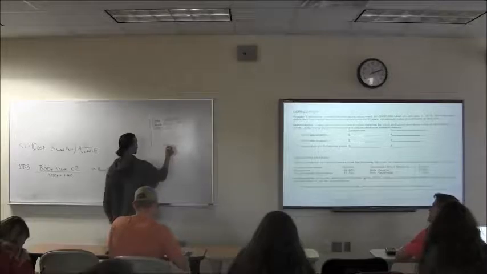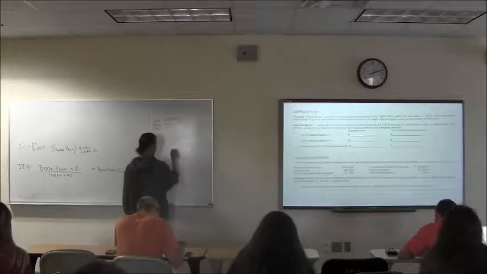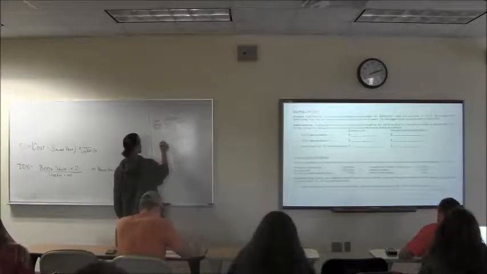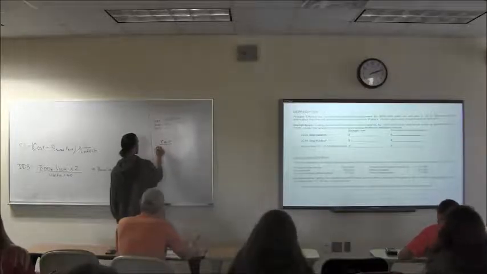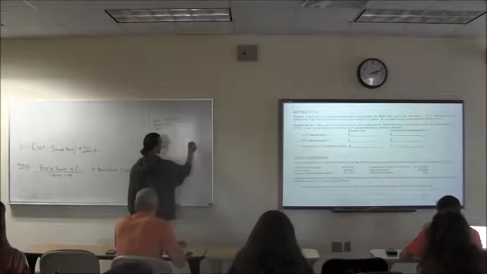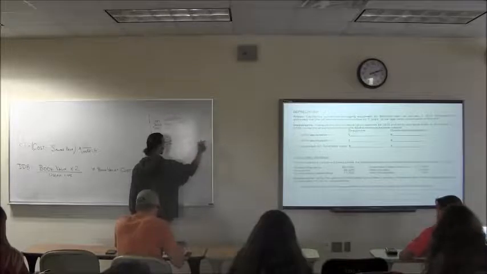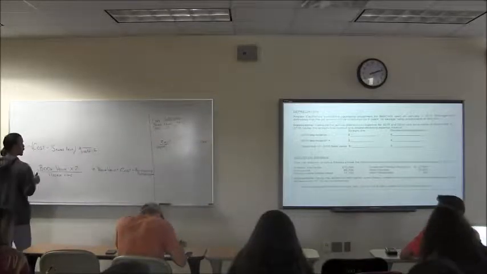Now I need equipment. I'm going to buy it, and it's going to be worth 600,000. And then I've got to record the accumulated depreciation for the equipment.